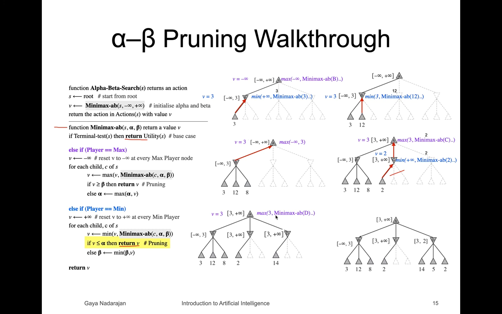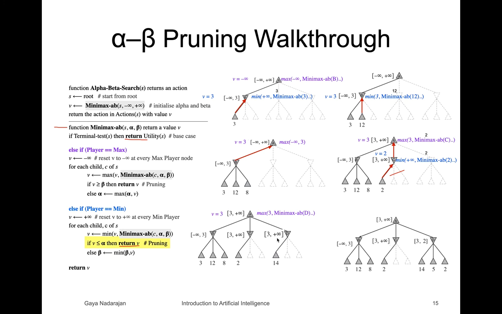And max will call minimax on the child D, and it has to see which is the max between V and the minimax of that child. And so it goes there, and alpha and beta pass down as 3 and plus infinity.